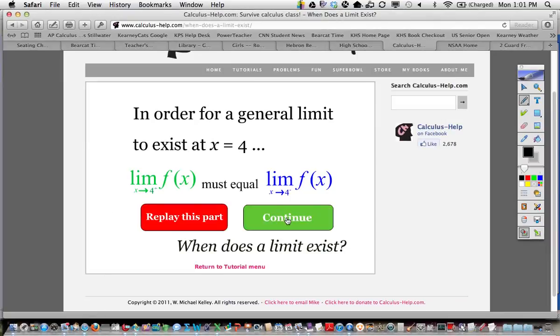If you do not have the plus or the negative sign in your limit problem, it means the limit from both sides of 2. That's the one that may not exist.